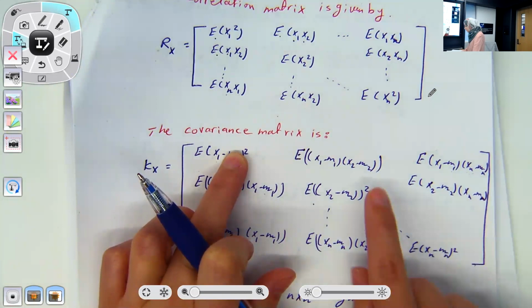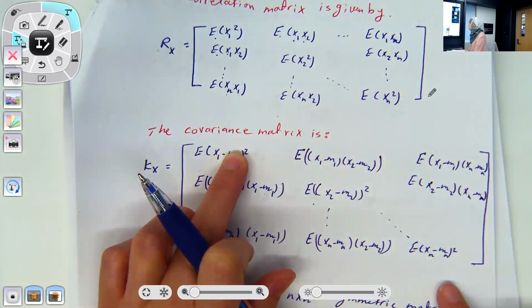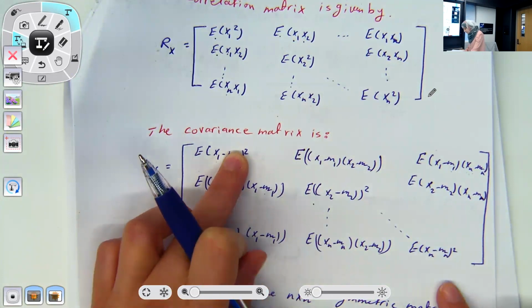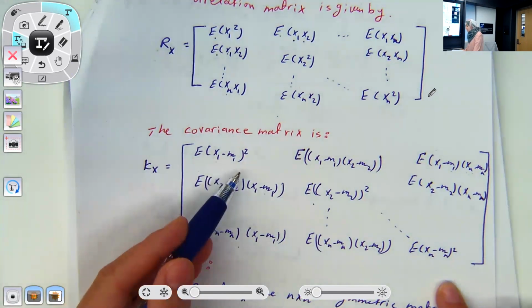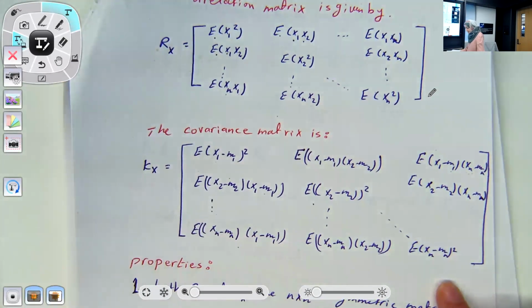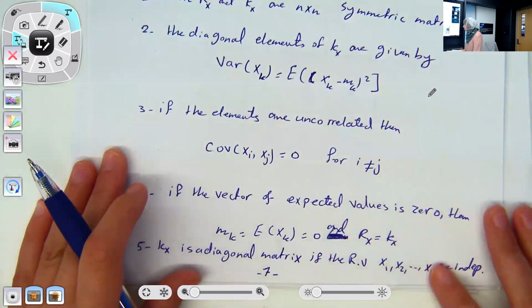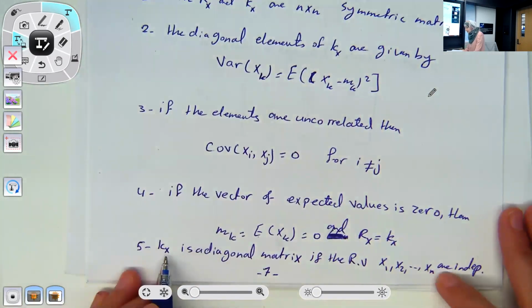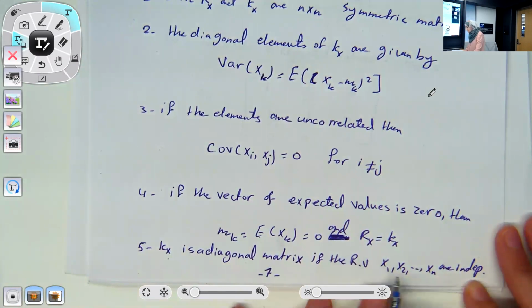If you put mu1, mu2, up to mun, all of these are 0, which means the expected value of xk equals 0, so the matrix R is the same as the matrix K. The last property: K is a diagonal matrix if the random variables x1, x2 up to xn are independent.